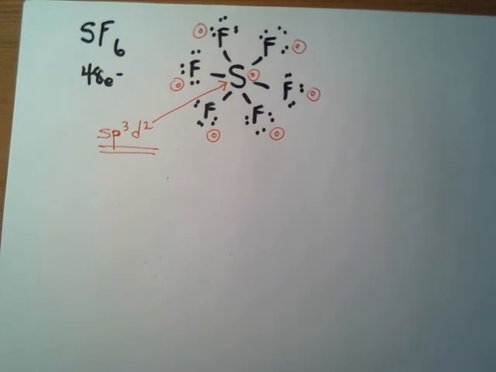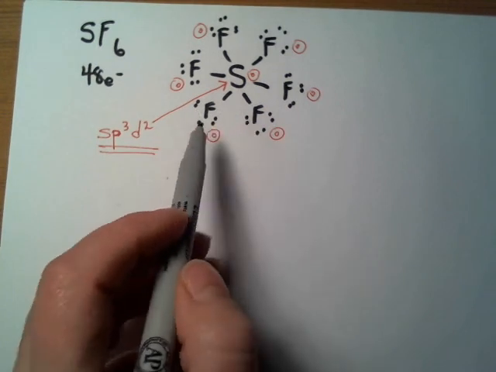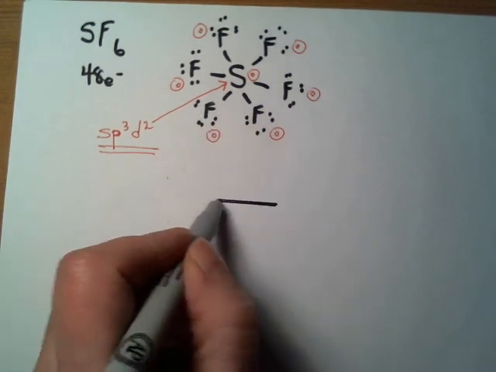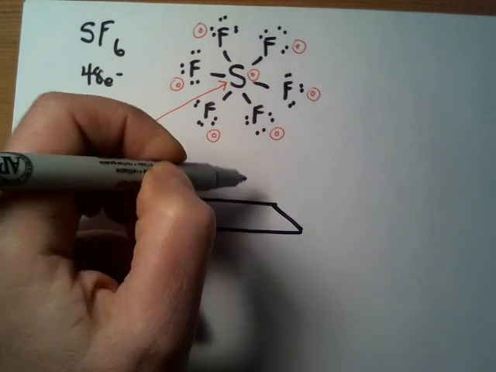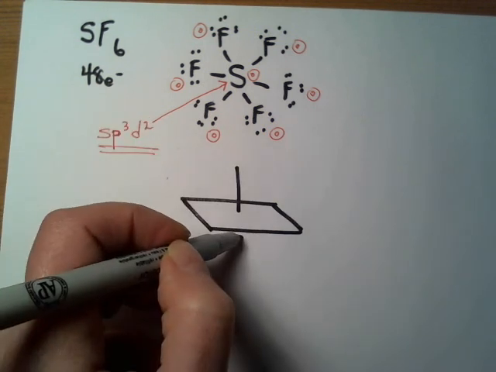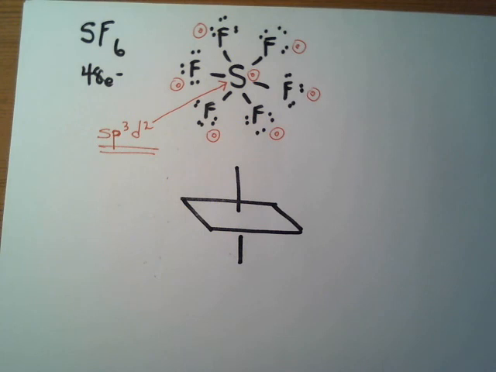And now I want to draw this structure. So when I have 6, I draw a parallelogram like so, with a position popping out of the center and one down below, and then I'll fill it in. And I'll just use another color.